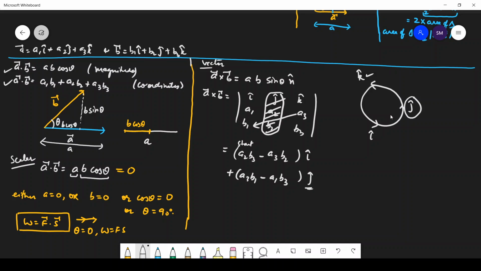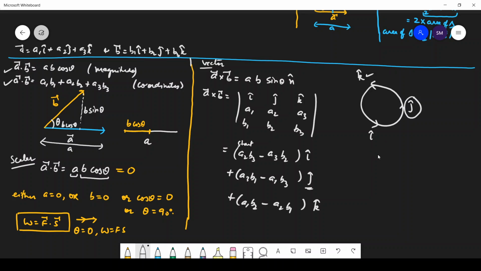And then for the k coordinates, where are you going to start? Hide the k and start from i to j. So i to j means A1 B2, so A1 B2 minus A2 B1.